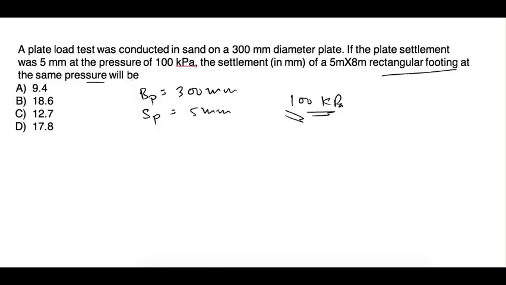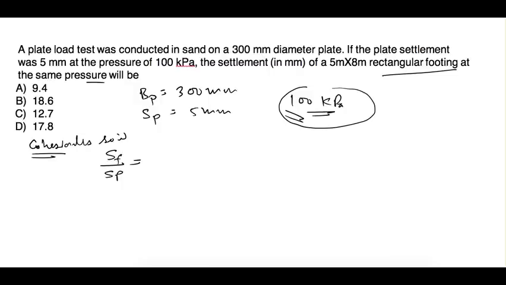This pressure is given because, to find out the settlement, the pressure applied on the footing and the pressure applied on the plate should be equal. Then only we can move on to this formula, SF upon SP, which is applicable for cohesionless soil. Here nothing about the soil is given, so we can apply this formula.